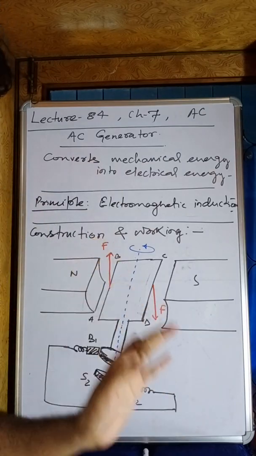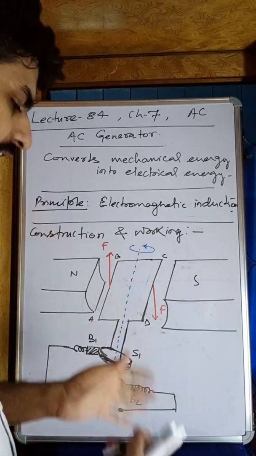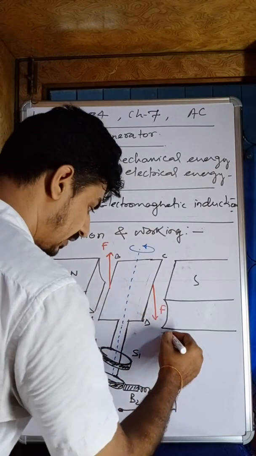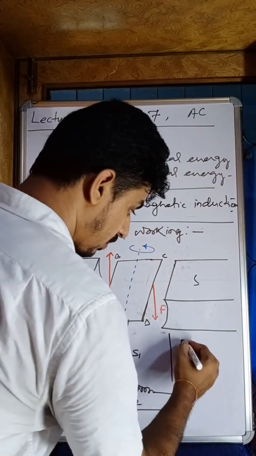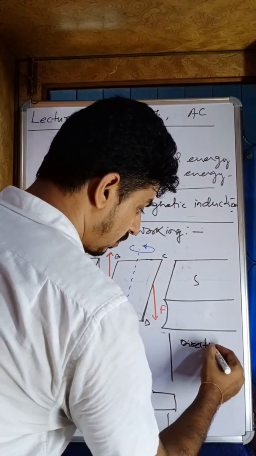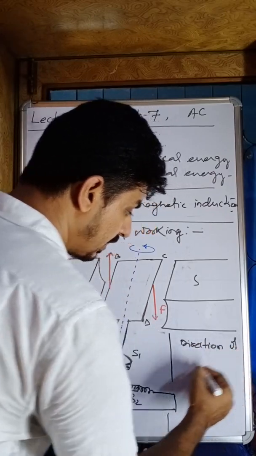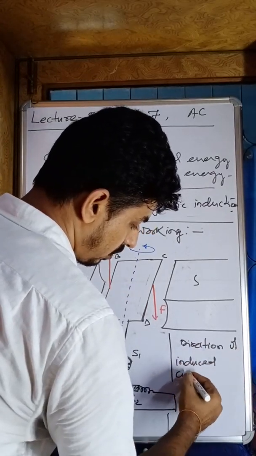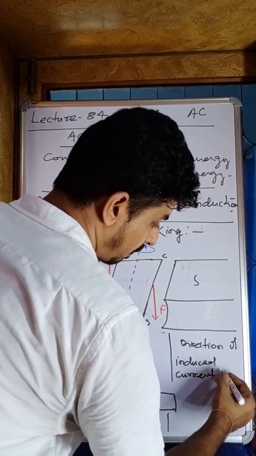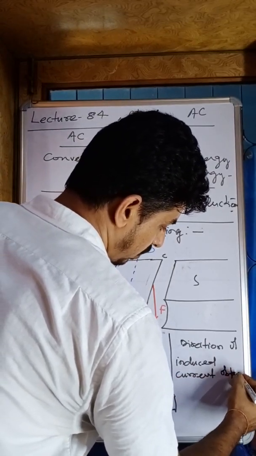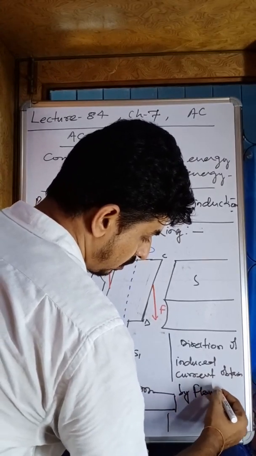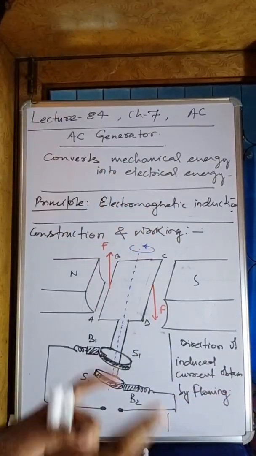Now it is very important to find the direction of current. So in your notes you should write the direction of induced current obtained by Fleming's right hand rule.